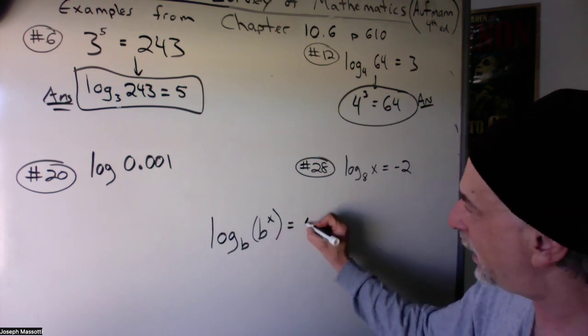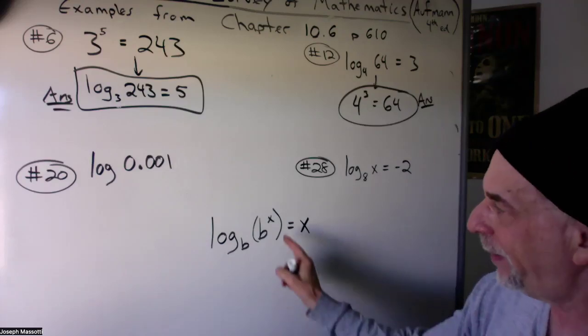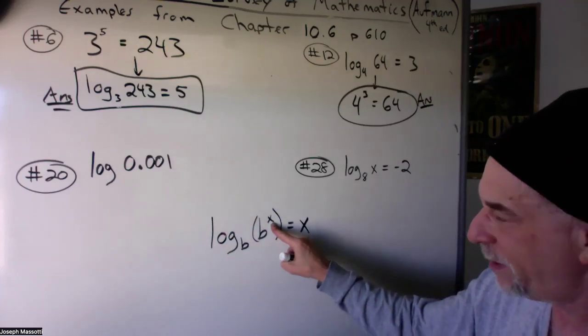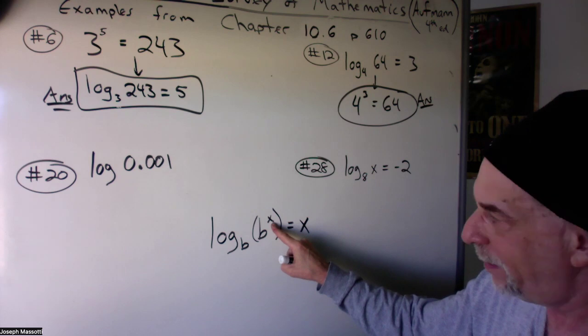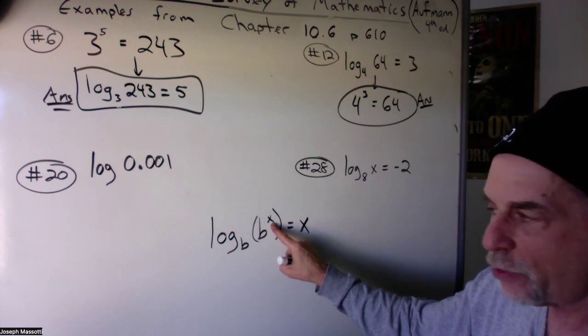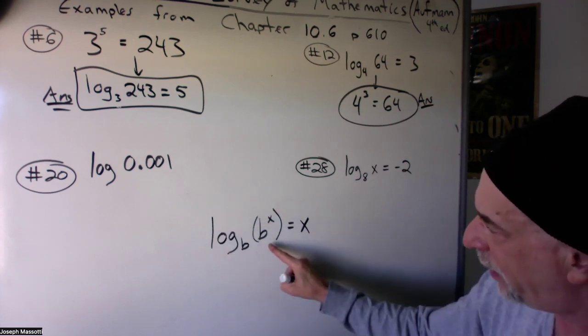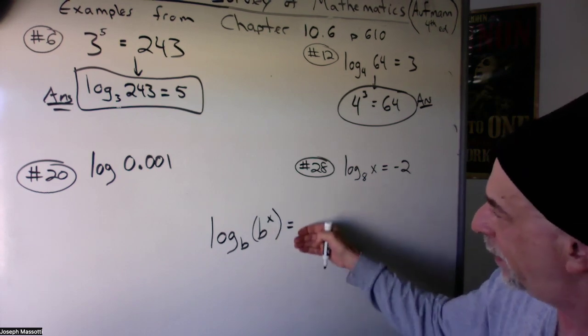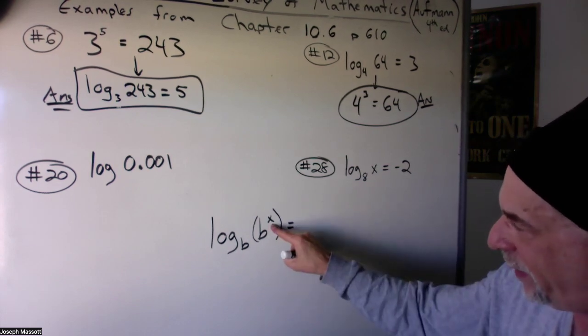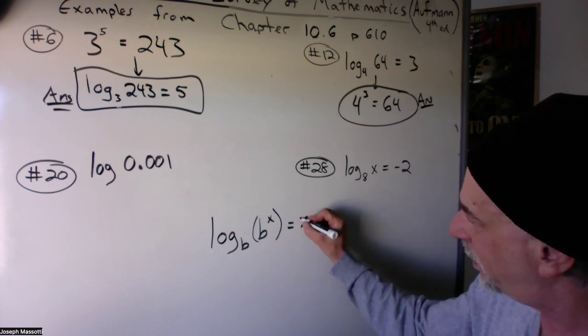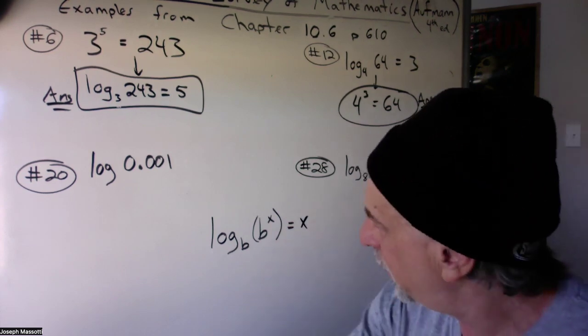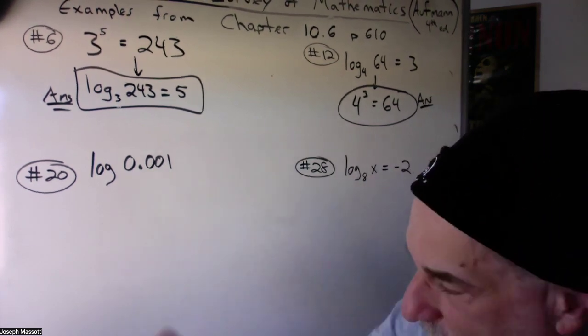Well, it's just going to be x, right? So if we can create this situation, our answer is staring us in the face right there. We're going to try to create this situation, because then the answer to that question is already there. It's just x.